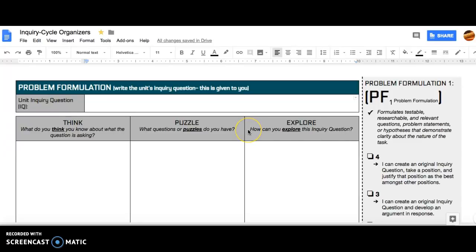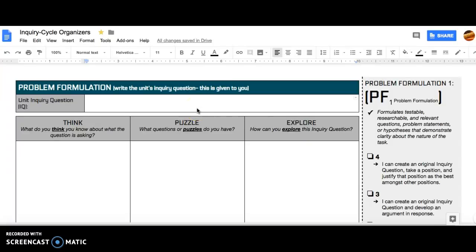So the organizers in the packet that you were given at the beginning of the unit allow you to do that and to work towards mastery, which I'll discuss what that would look like in future lessons and future videos.